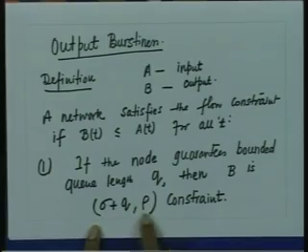We have already seen that a node indeed can guarantee the bounded queue length. Then what we are trying to see is that the output of such a node will also be a deterministically bounded arrival process, but there the sigma will be sigma plus q, and rho.